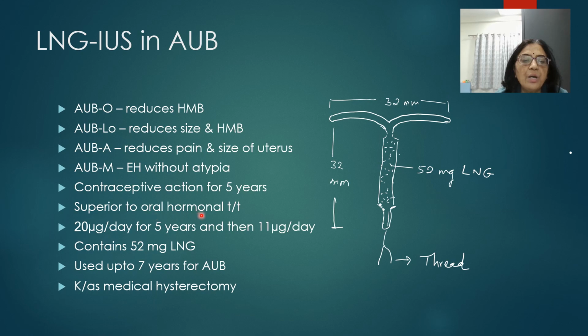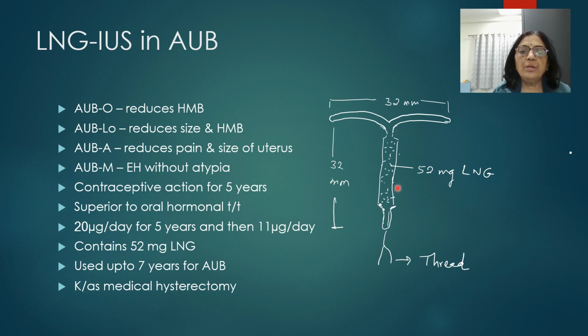It is superior to oral hormonal treatment because the side effects associated with oral progestogens or estrogen-progestogens will not be there. For the first years, it is released at the rate of 20 microgram per day, and then at the end at 11 microgram per day.